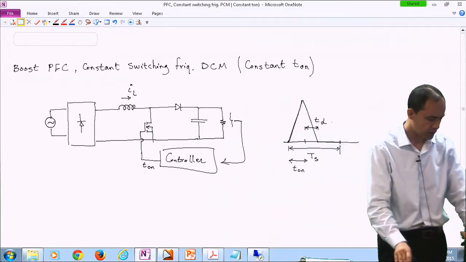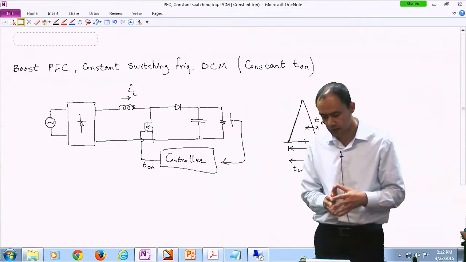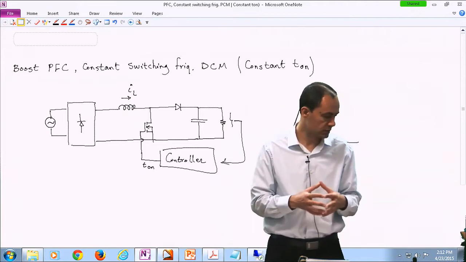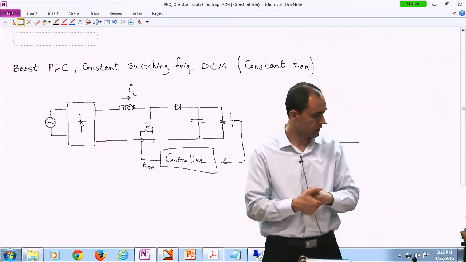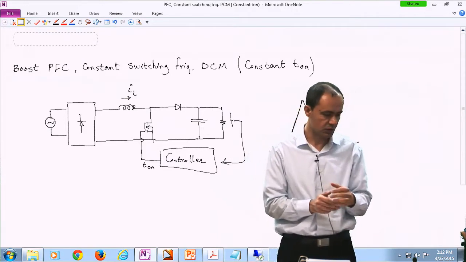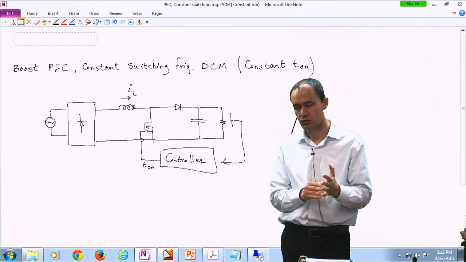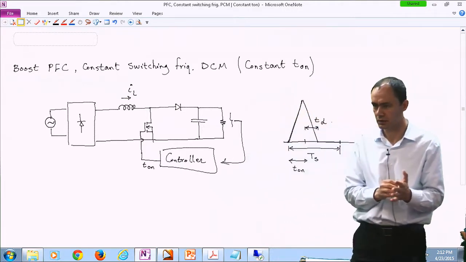Before we get there, just some general notes about DCM, discontinuous conduction mode. There are advantages and disadvantages associated with it. For instance, one advantage is when you turn the switch on, the current of the switch starts from zero. So you have a zero current switching going on over there, which is good.